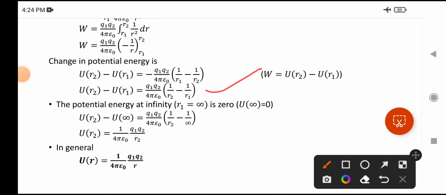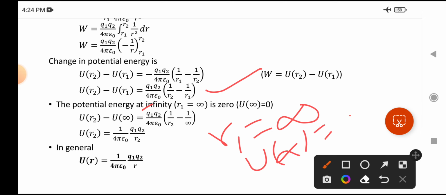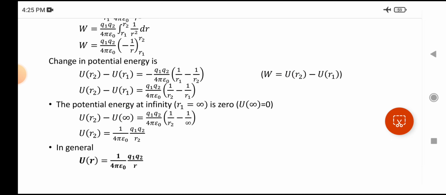Potential energy at infinity, that is when r1 is at infinity, how much is it? Zero. So we substitute this term as zero, here also infinity, then this term is zero, and only this remains.